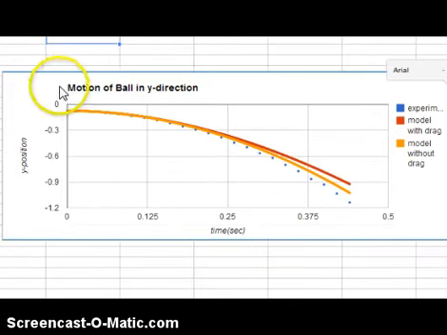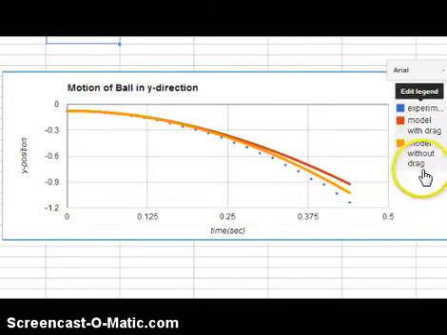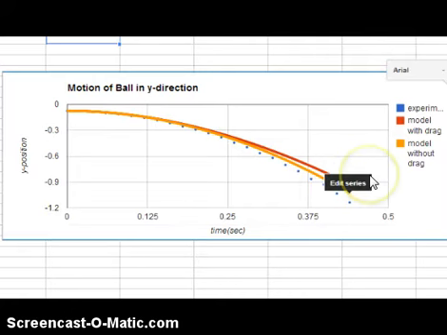And over here we have the motion of the ball in the y direction, and similar case with the labeling and such. Now there came a problem with my experimental and model data.